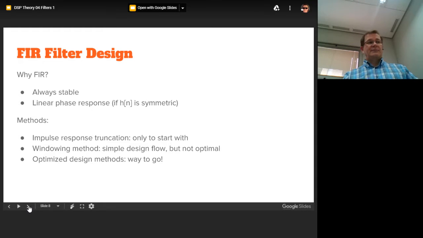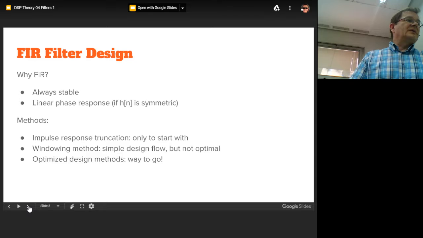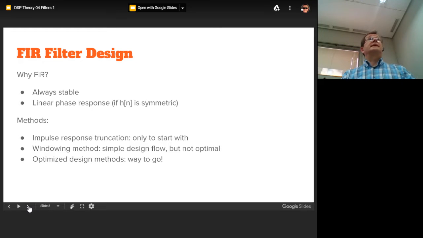So it can be used in, for example, data communication applications, or some pulse measurements, since this does not distort the pulse shape. Any nonlinear phase response system would distort this pulse shape.